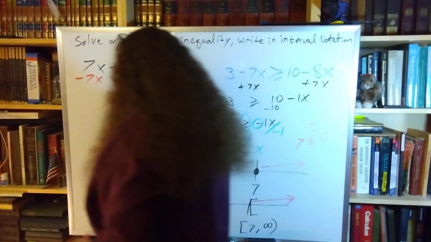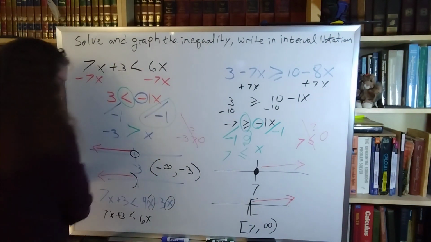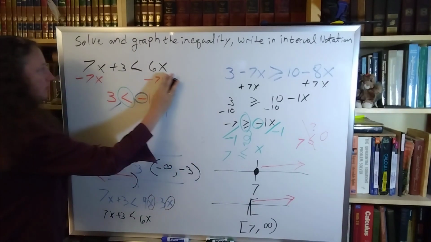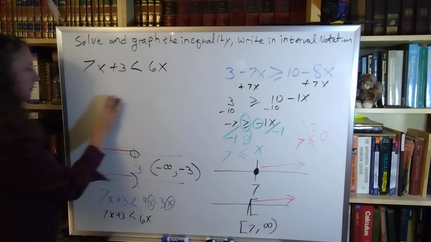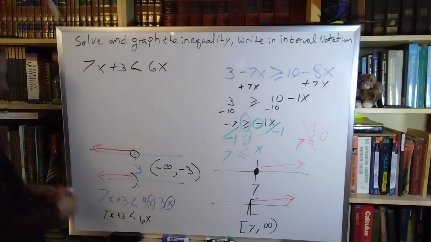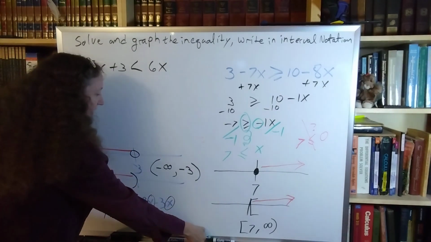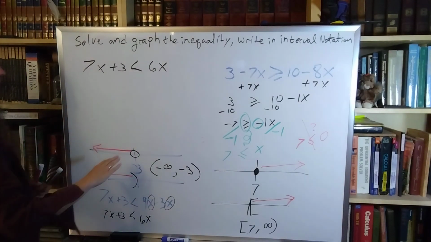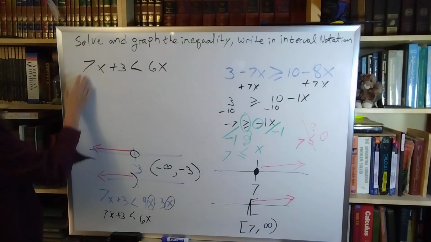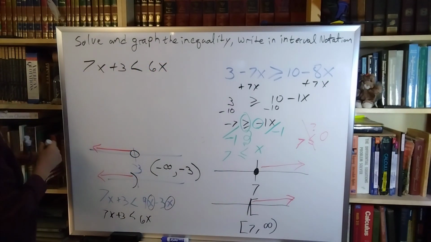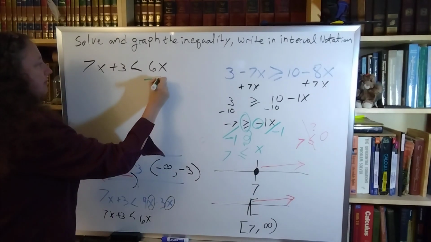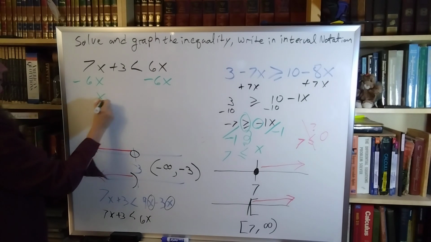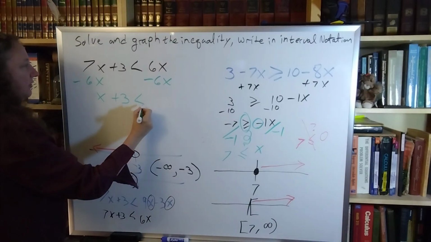Over here, same idea. Let's make some room. So instead of subtracting the 7x over to that side, I'm going to take the 6x over to this side. So I subtract my 6x. Now I have x plus 3 is less than 0.